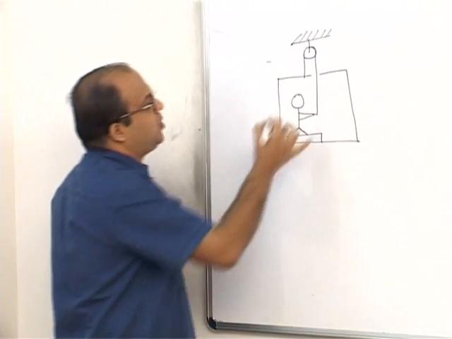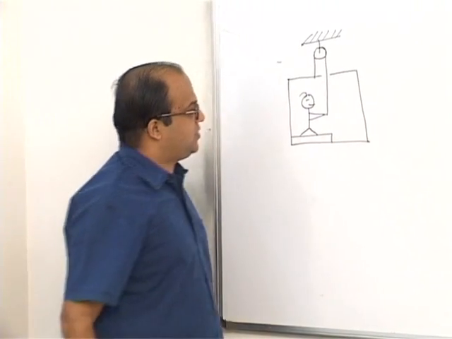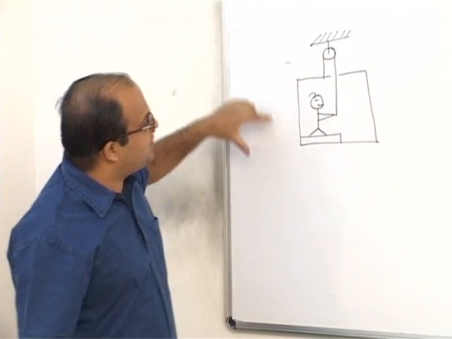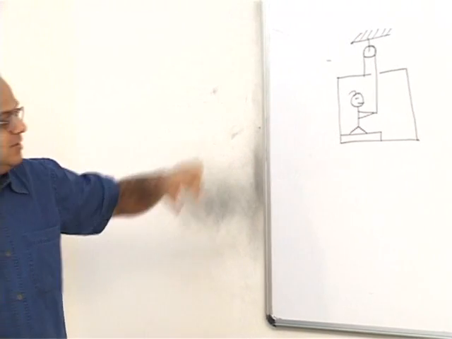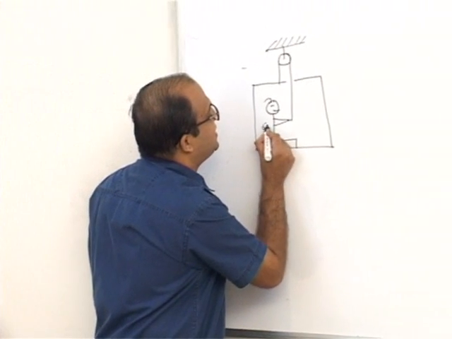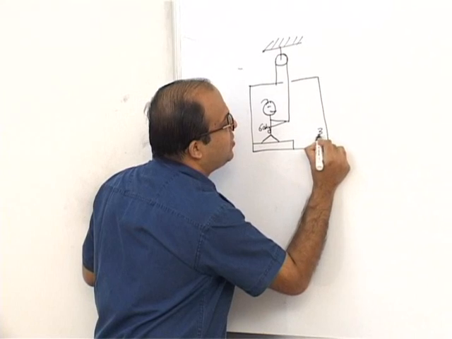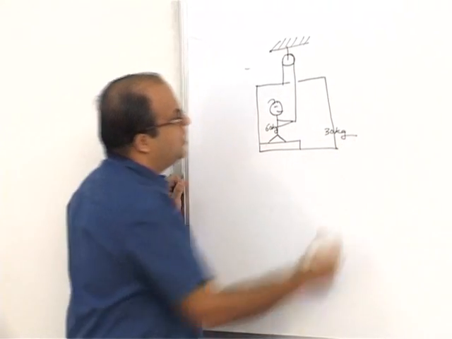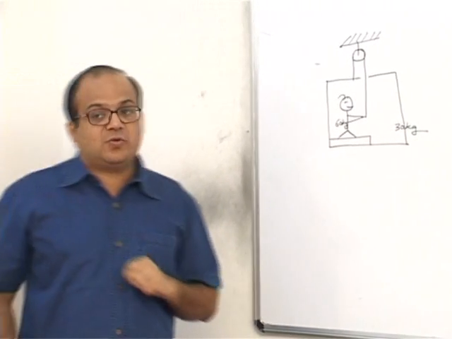In the first part of the problem, he is applying a force such that he managed to keep the entire thing at rest. The mass of the man is 60 kg. The mass of the box is 30 kg. We have to find the reading of the weighing scale.